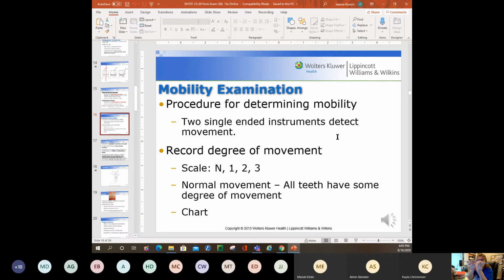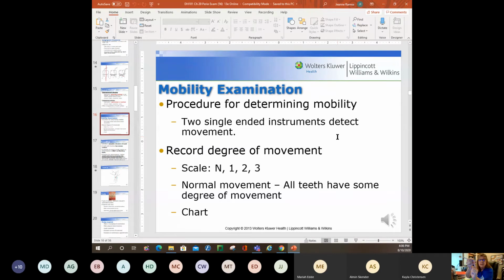So it can either move from side to side, or front to back, or if this was a tooth, you can put it on here and go down and see if it goes down and up. So you want all of those measurements. When it's going one way only and no other way, it's a mobility 1.